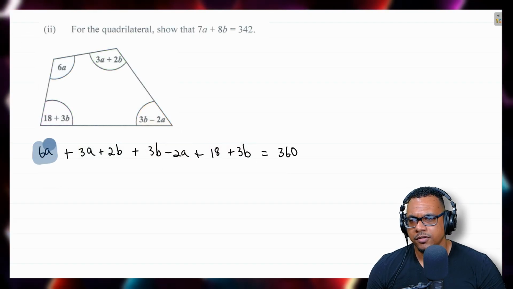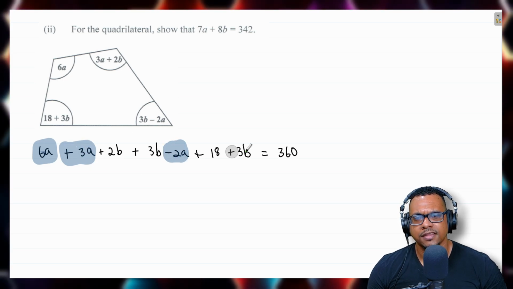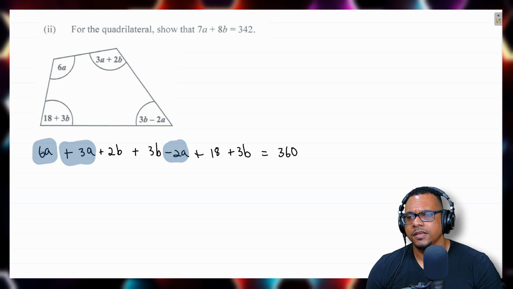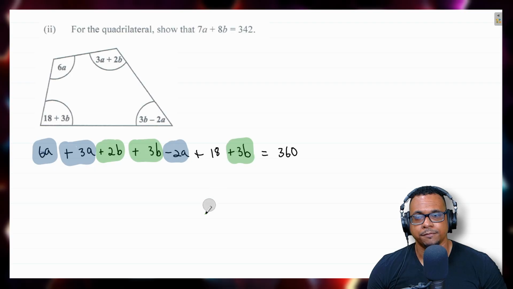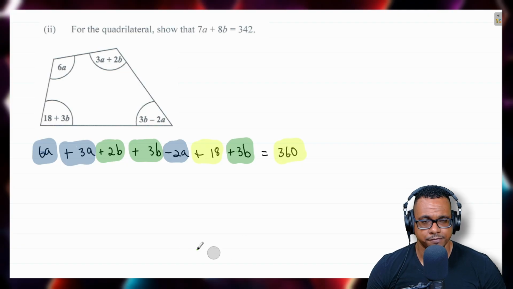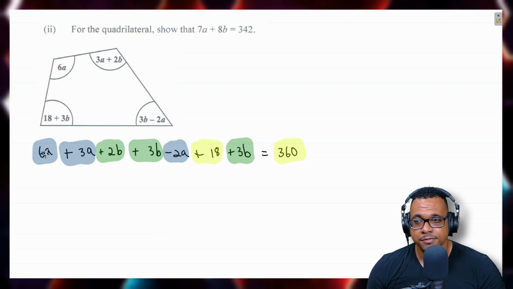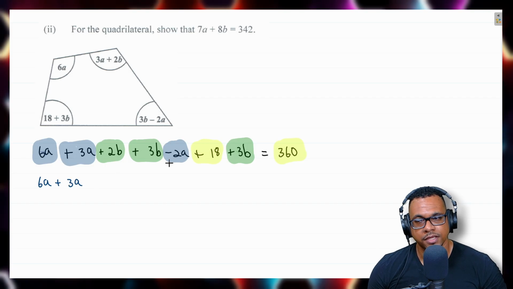So we have positive 6A here, we have positive 3A here, and here we have negative 2A. And that's it for the A's. Then I have positive 2B here, positive 3B, and positive 3B here again. And then for my constants, I have positive 18 and this 360, positive 360. So for my like terms, I have the 6A plus this 3A, take away this 2A.